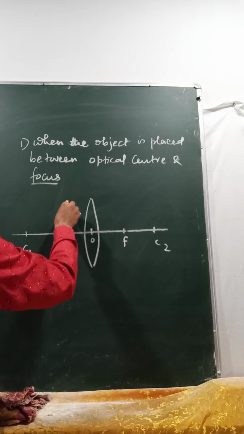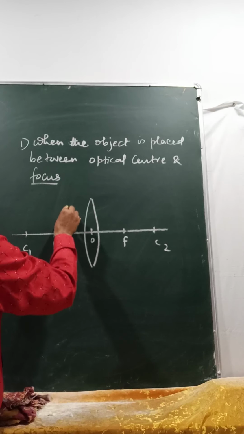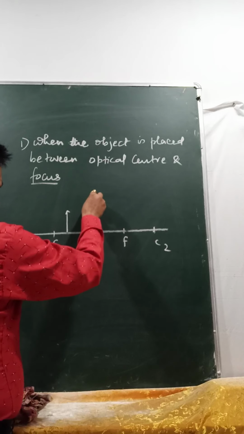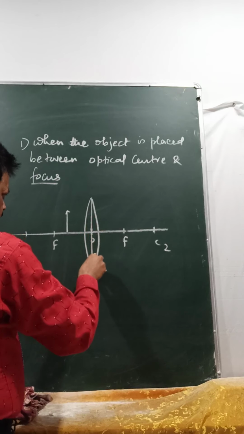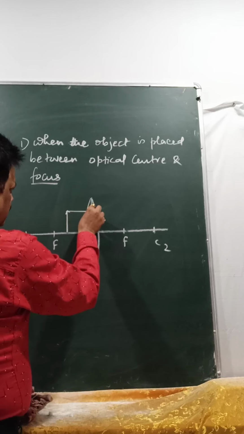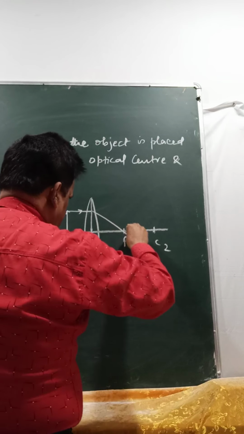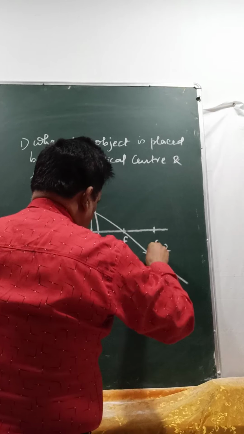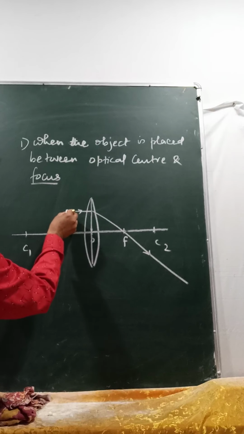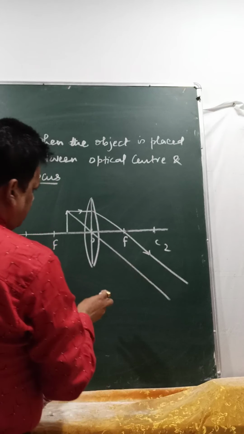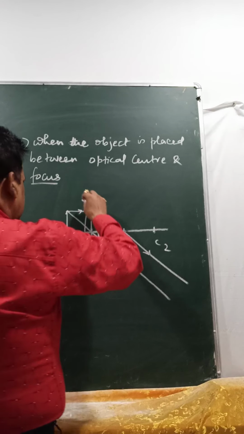The object is placed here. Okay, the ray that goes parallel to principal axis converges through focus. Now another ray that goes through the optical center passes without any deviation.